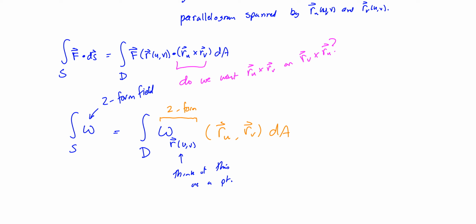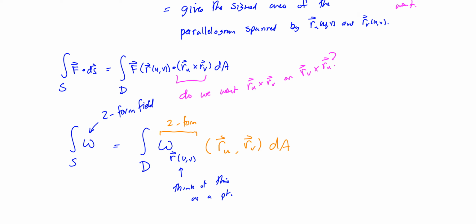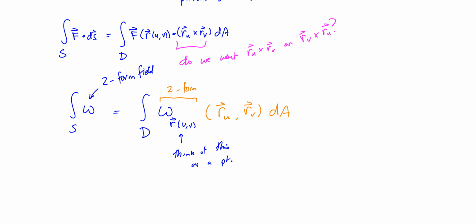So let's do a silly example to start with and redo our example from before that's in the xy plane, just to see how it works in this case. And then we'll do a little bit more complicated example after that. So let's redo the example above.